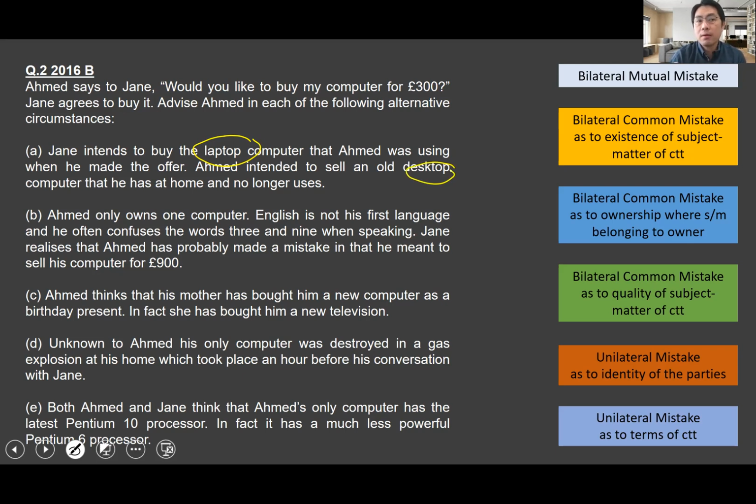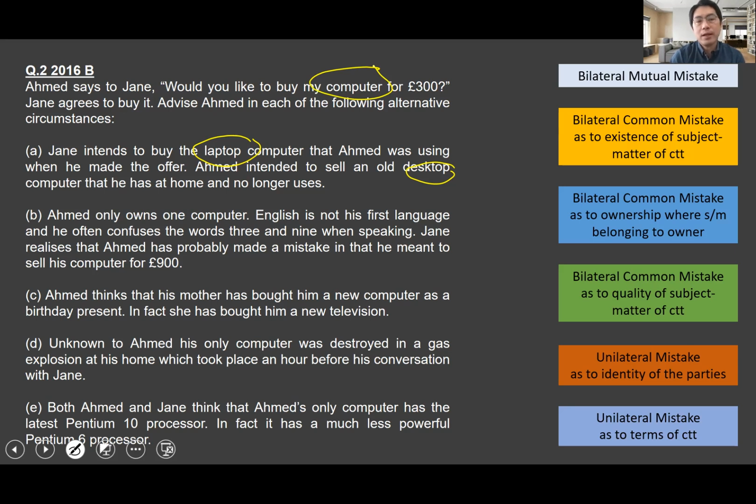The offer made by Ahmad to Jane arguably is ambiguous, because all that was said is that I want to sell you my computer. But we know that a computer could mean either a laptop or a desktop. So that's where now a mistake has arisen in part A.